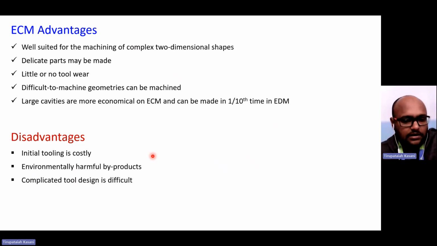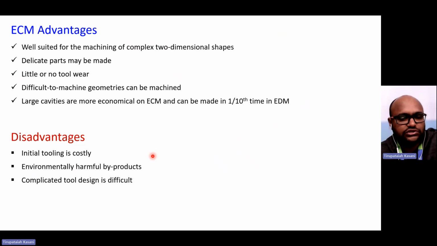And complicated tool design is difficult. Why? Because, as I told, the protection of the tool material at narrow regions or at intricate shapes is very much important. If I design a tool for the ECM process with fine features, after making certain components, the tool itself will wear and I need to make a fresh tool.